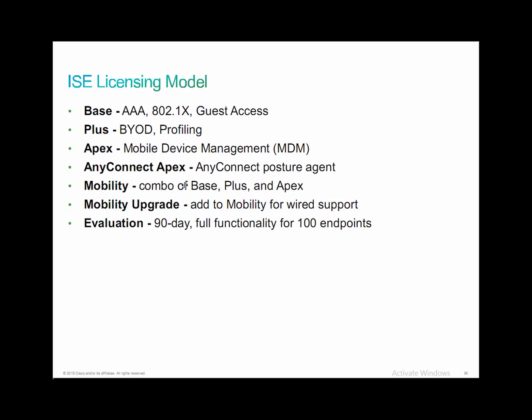You'll need a mobility license in combination with the base, the Plus, and the Apex license if you want to add endpoints as well. You need the mobility upgrade license to add mobility for wired users, and then an evaluation license can be used. It provides full functionality for up to 100 endpoints for 90 days.